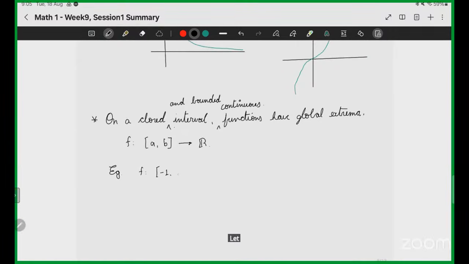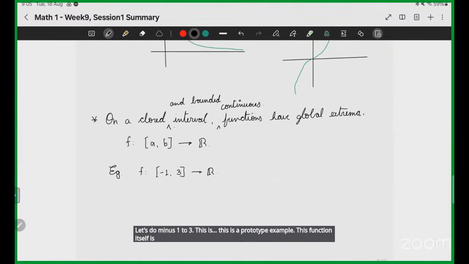Let's do -1 to 3. This is a prototype example. This function itself is simple, but the important thing to take away is the procedure.